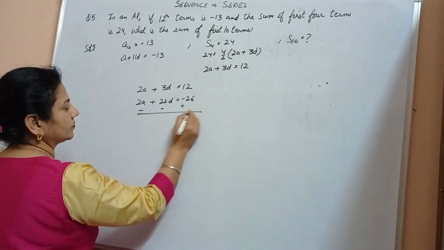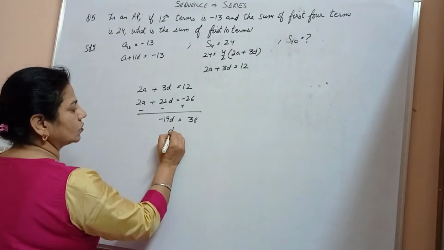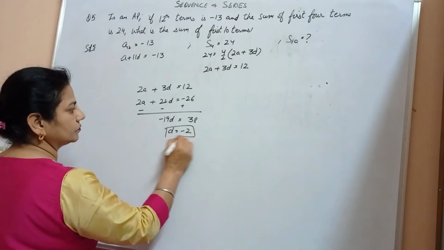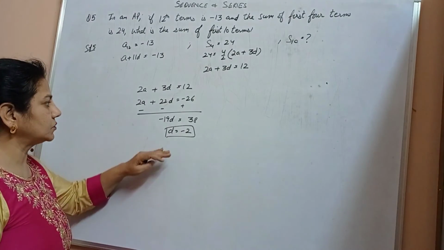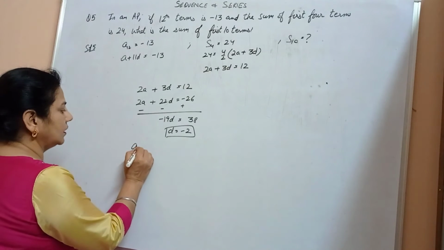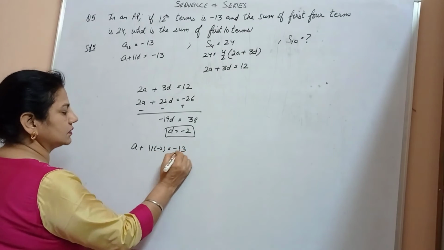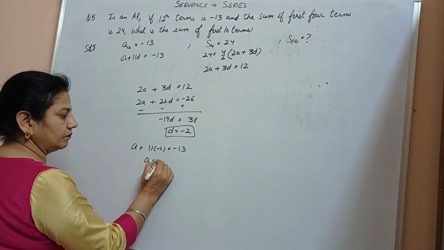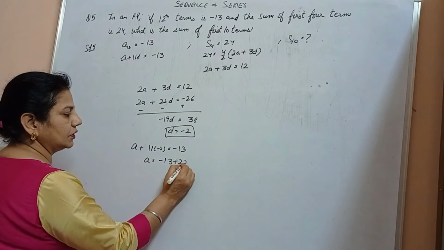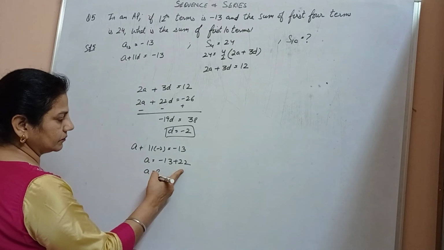Subtract. Minus 19d is equal to 38. So the common difference is minus 2. Substitute the value of d in the first equation. We get a plus 11 into minus 2 is equal to minus 13. That means a is minus 13 plus 22. So a is equal to 9.